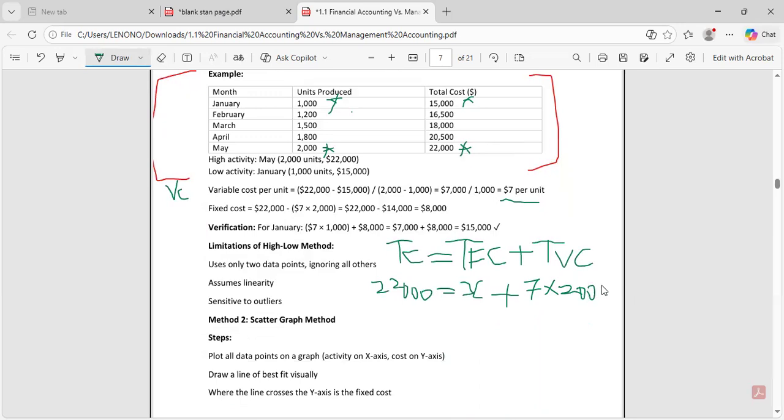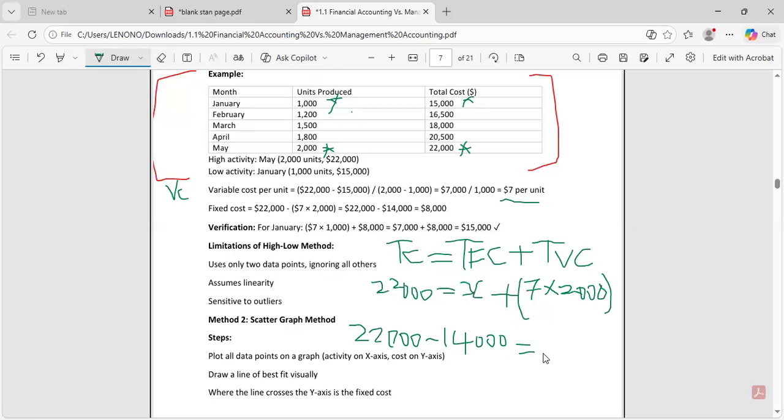All right, so this is how you calculate the X. So X will be 22,000 minus 14,000, which is giving us 8,000.